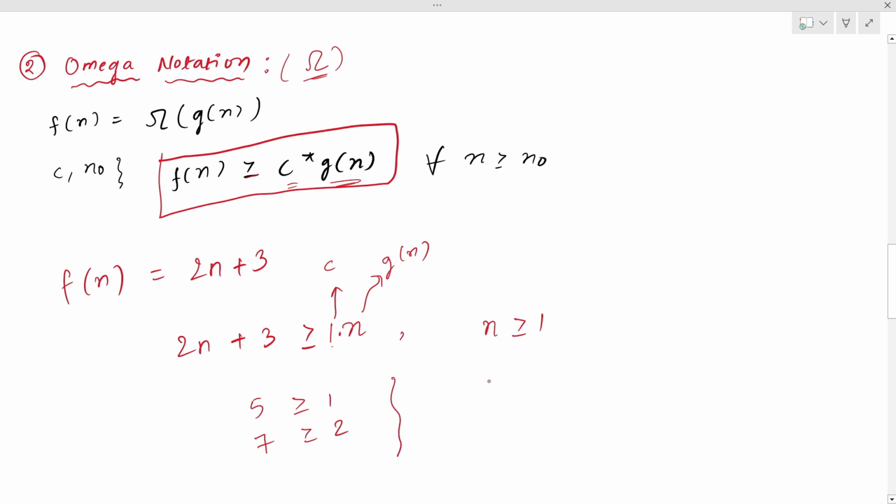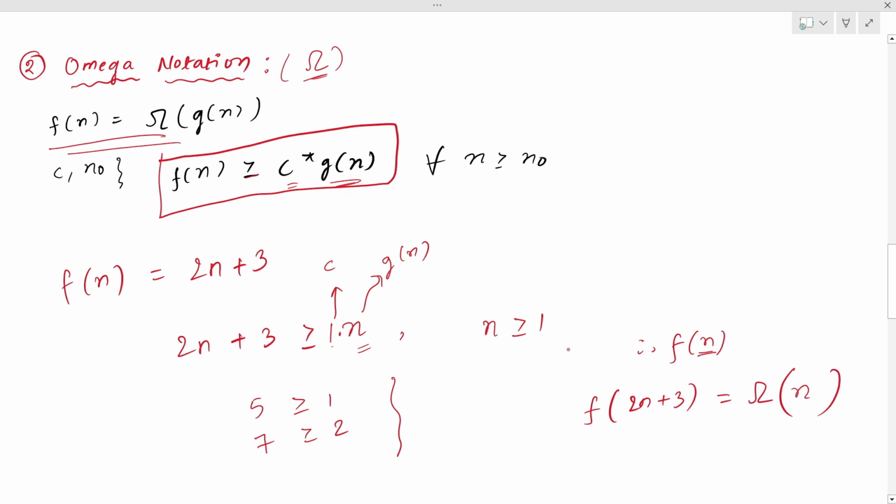So what are we seeing here? We can clearly write that the function f of n, that means f of 2n plus 3, and we are not writing for n, we are writing for 2n plus 3, can be written as omega of g of n. That means omega of n, where my g of n is n.